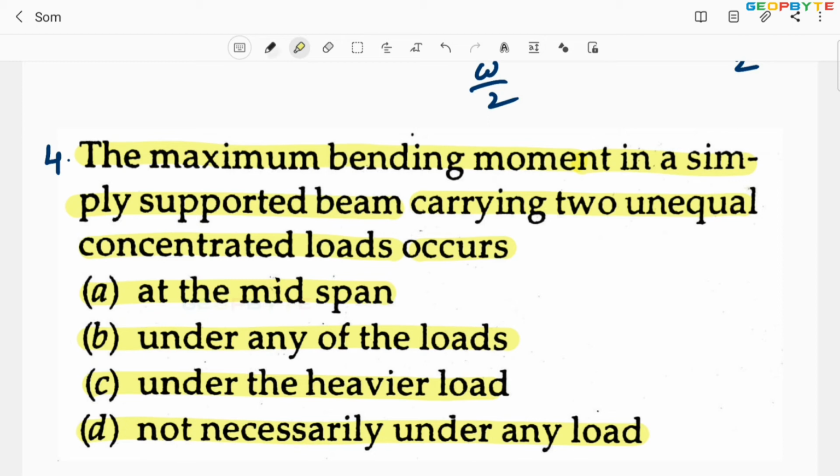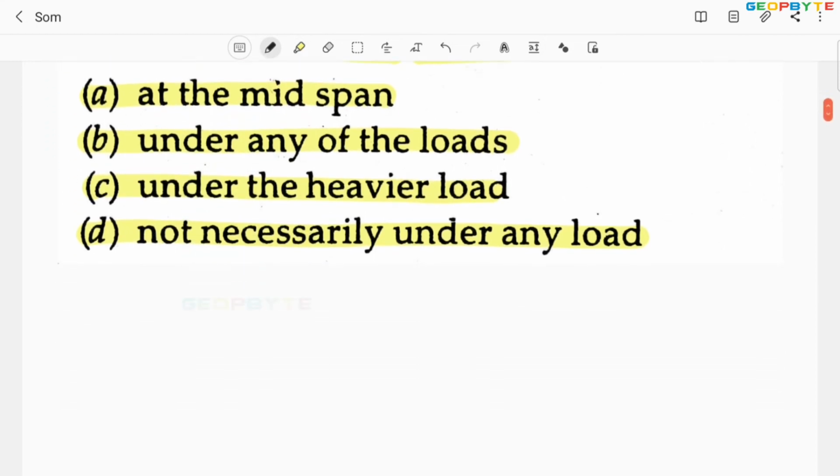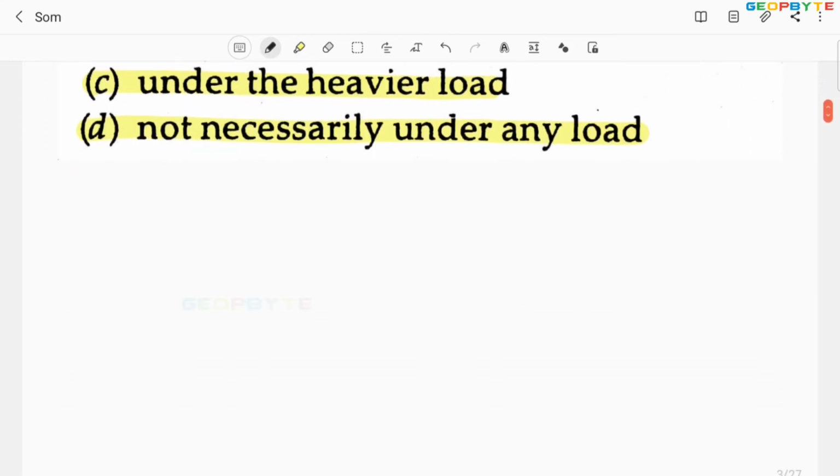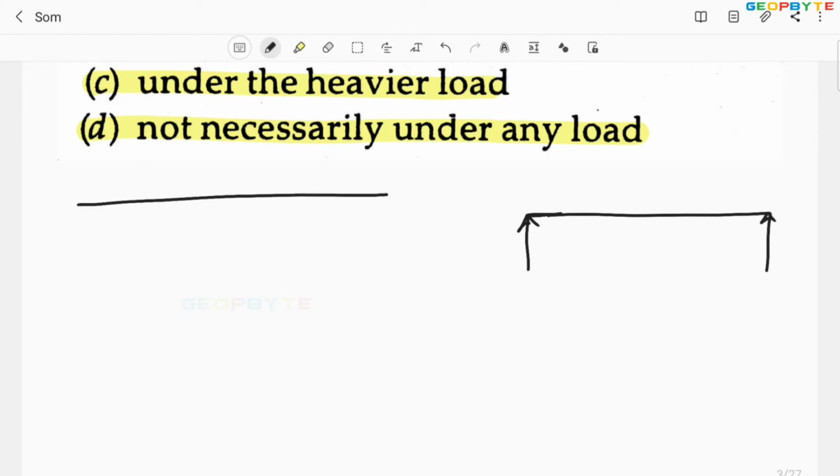For that, let us construct the simply supported beam with unequal loads. This may be one simply supported beam, and one more simply supported beam may be like this.